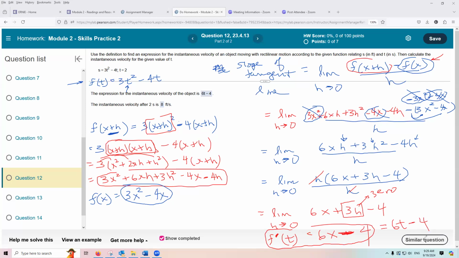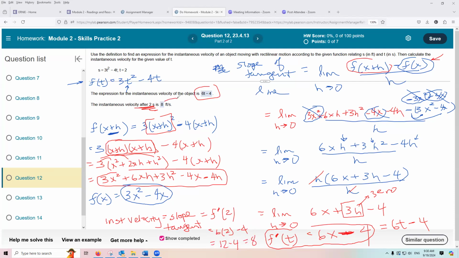All right. Now that we have that done, it says, what's the instantaneous velocity at 2 seconds? Well, to find that, instantaneous velocity is the slope of the tangent line. And to work that out, I'm just going to go to the derivative function and plug in the number 2. So that's going to be 6 times 2 minus 4, which is 12 minus 4, which is 8.